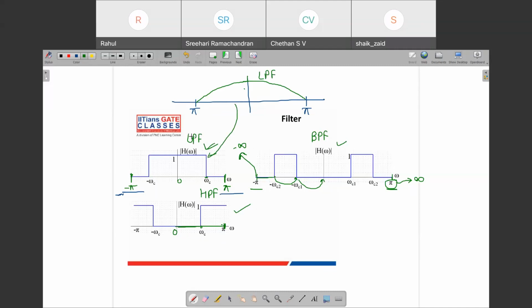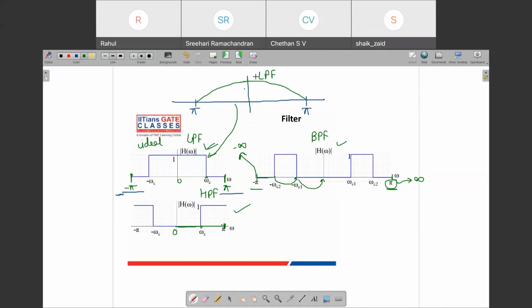This filter that I have drawn here is the ideal filter. Ideally we want the low pass filter to be like this, but generally this kind of filter is not realizable, so we use some kind of approximate filter. This is one example.